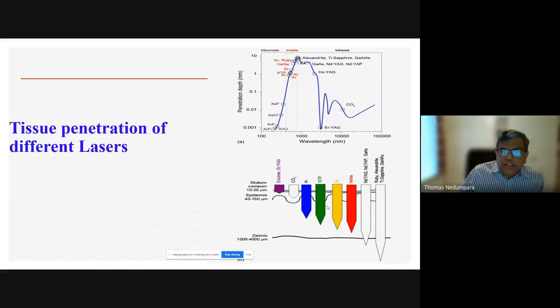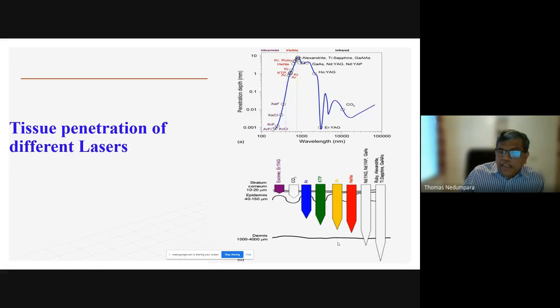When you look at tissue penetration, the graph shows that as the wavelength increases, the tissue penetration rapidly increases and reaches a plateau, and then gradually drops. So excimer laser, which is an ultraviolet laser, has very low tissue penetration, whereas a ruby laser has a large tissue penetration.